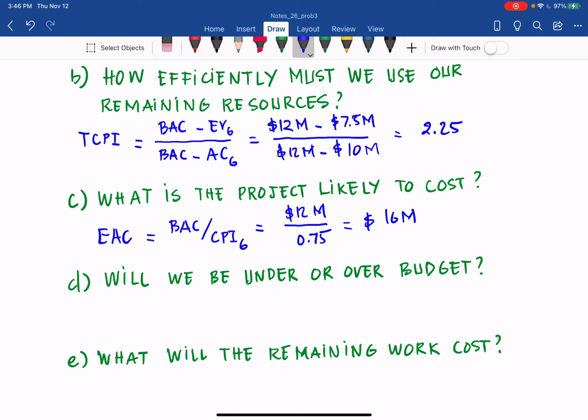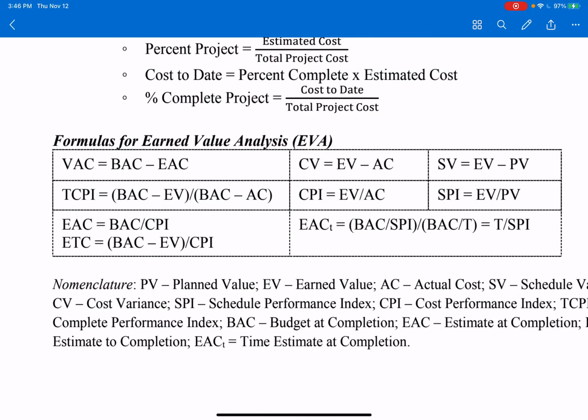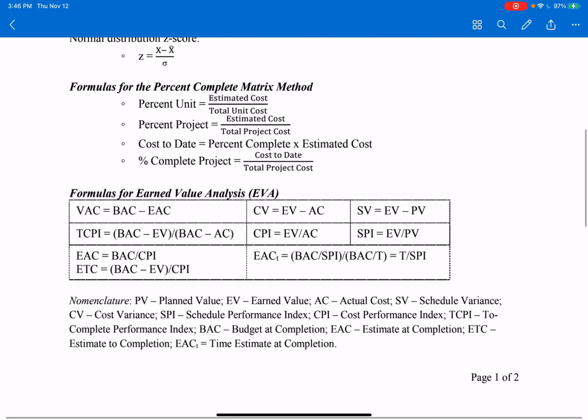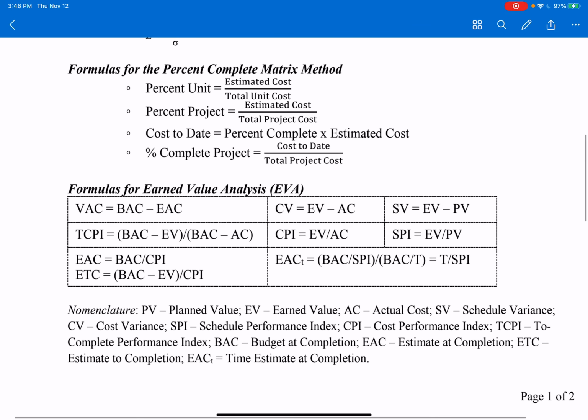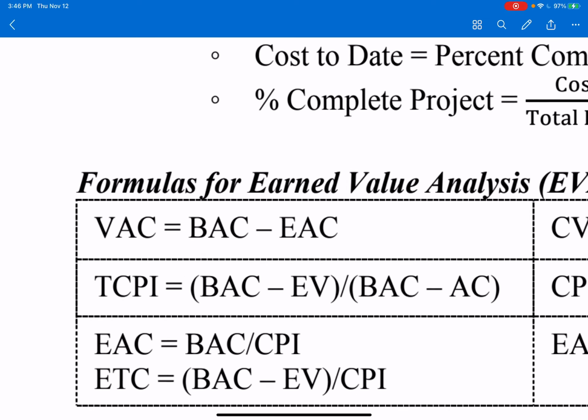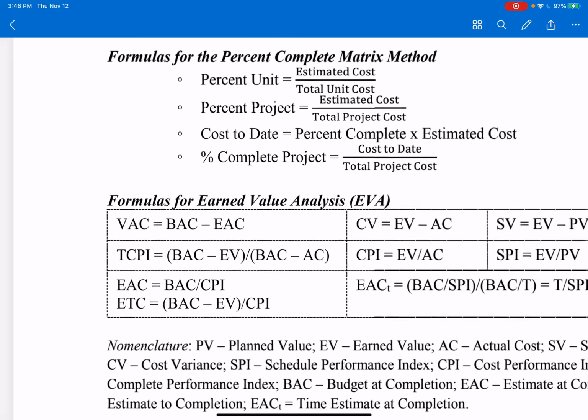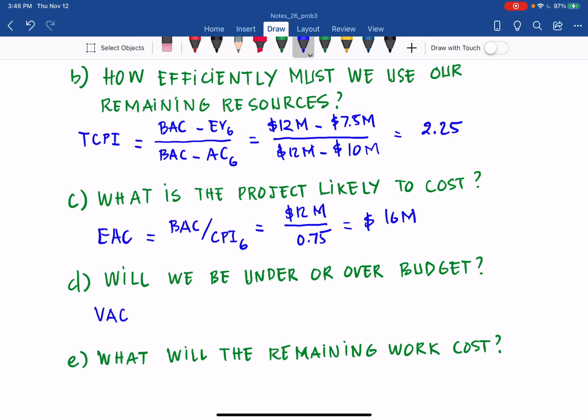For that we use the variance at completion. So go to the definition of that on page number 1. VAC, variance at completion. The variance at completion is equal to VAC equals BAC minus EAC. So you have that one here.